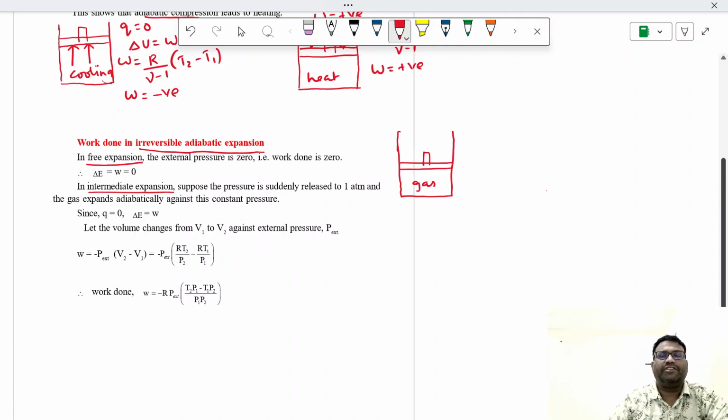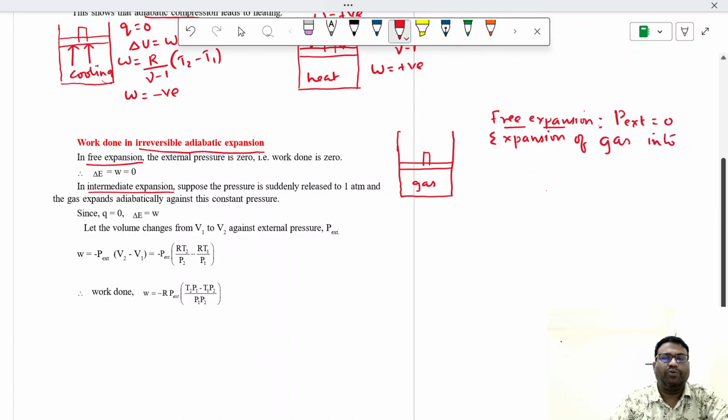So free expansion, what is meant by free expansion? First of all, we have to remember that free expansion means expansion of gas into vacuum, where external pressure is equal to 0.